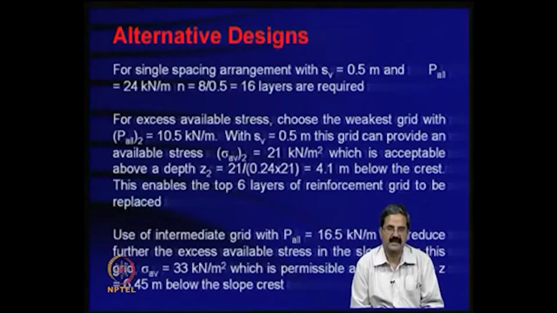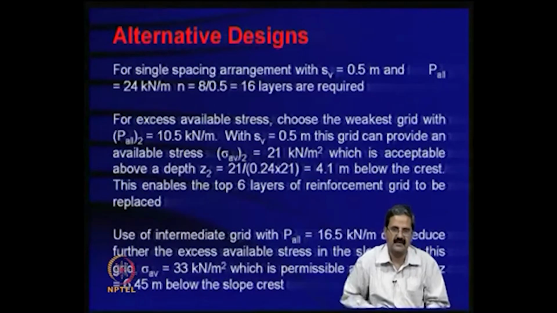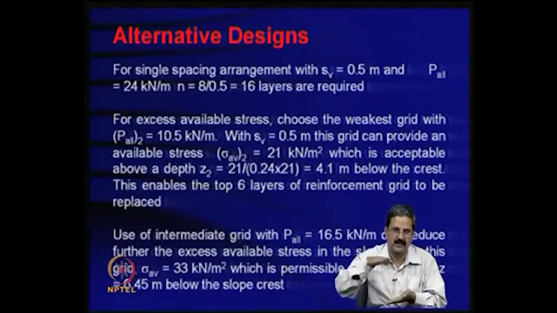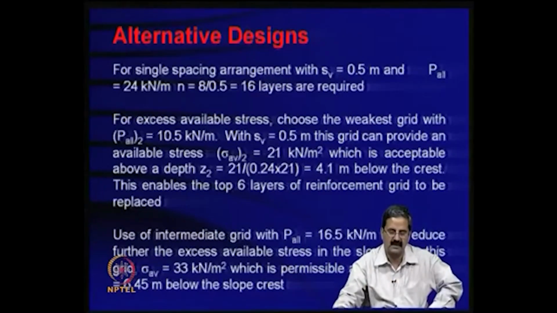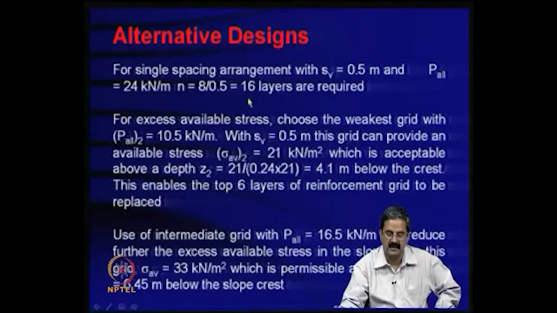In fact, as I just mentioned in the compaction class, the density within this 0.5 should be the same and constant, and it should give very good strength, and also very good resistance between the soil and reinforcement. This is very important. So when you take P allowable as 24 and spacing as 0.5, the number of layers will be 16.